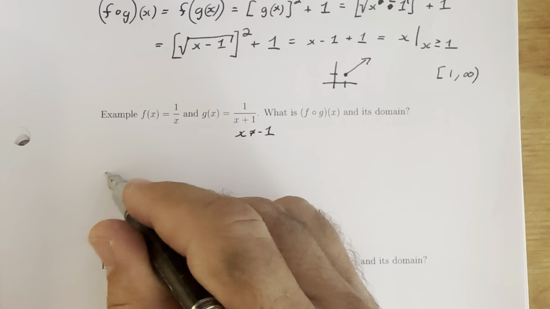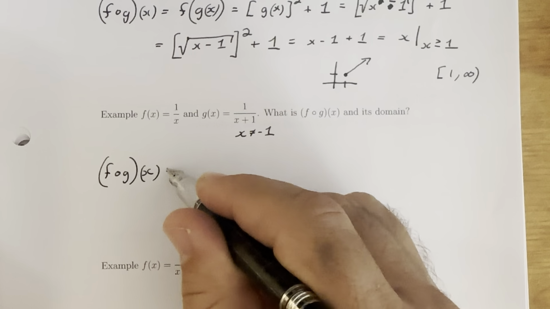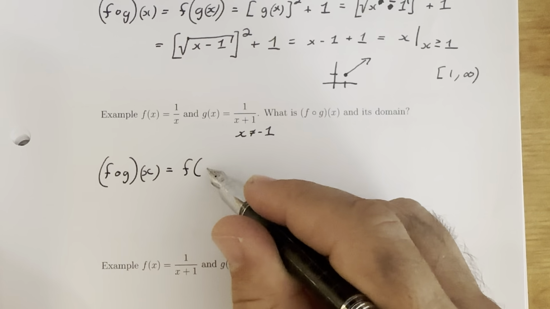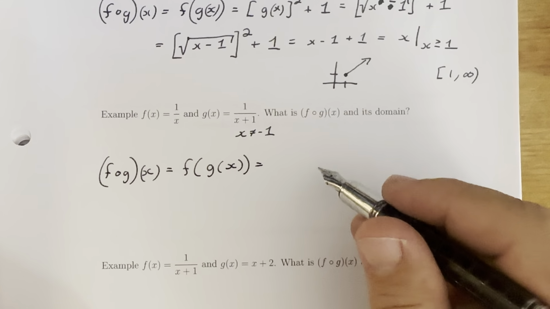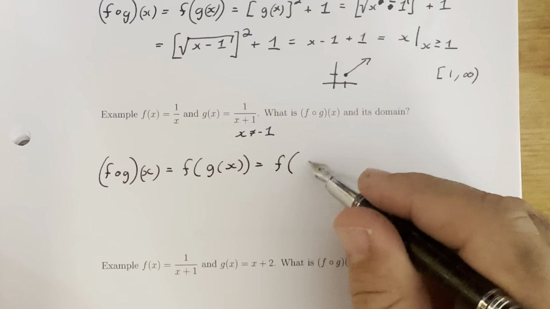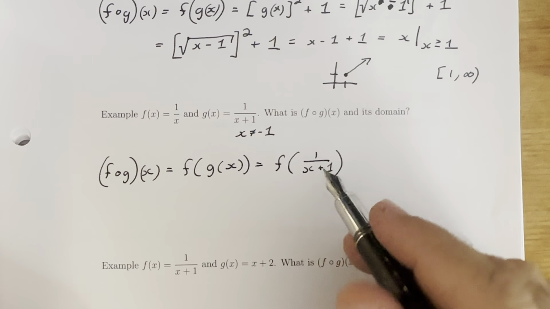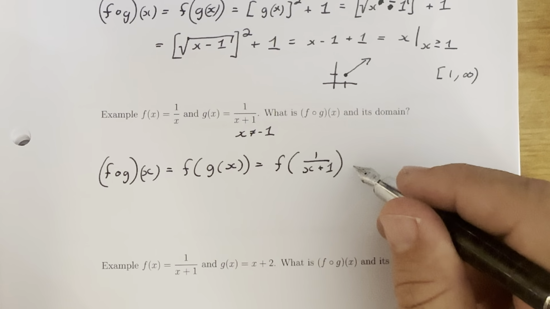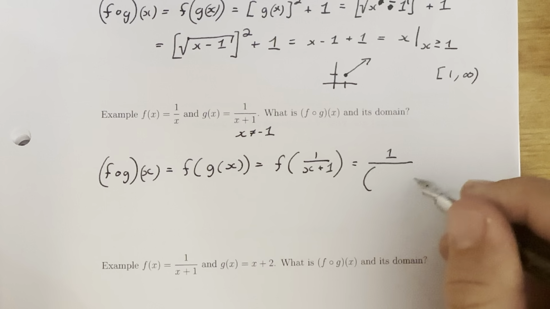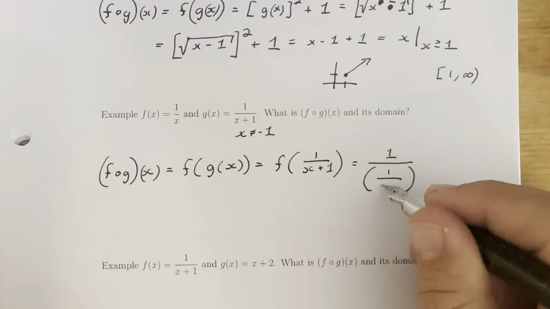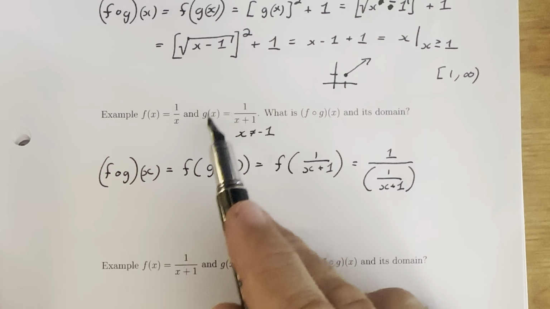And so we've got f composite g of x, which is the same as f of g of x, which is the same thing as f of 1 over x plus 1, because that's what's being stuffed in there, right? As a reminder, x cannot be -1. And so we got 1 divided by 1 over x plus 1, right? Because this x is being replaced by g.